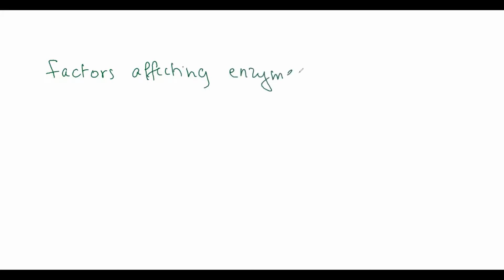I have two things, guys, that affect the enzyme. Later, in the next courses, we will be able to know that there are more than two. But in OL it's enough to know that there are two factors that affect the enzyme activity, in other words, that affect the active site of the enzyme. Because I just said, which part of the enzyme is working? It is the active site, which has a certain shape in which the substrate can fit.